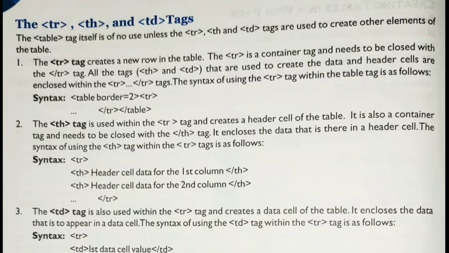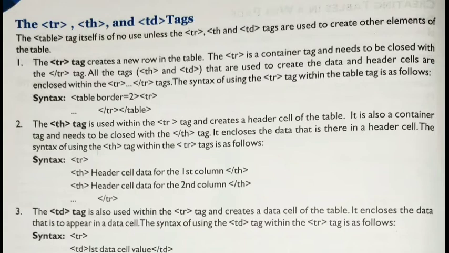TR is a container tag and needs to be closed with the TR tag. All the TH and TD tags that are used to create the header and data cells are enclosed within the TR tag.